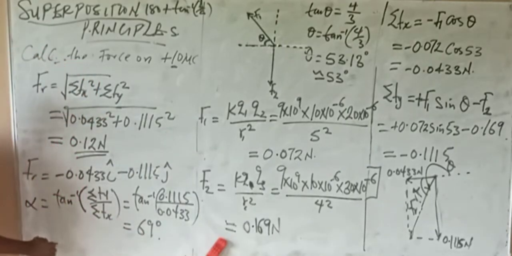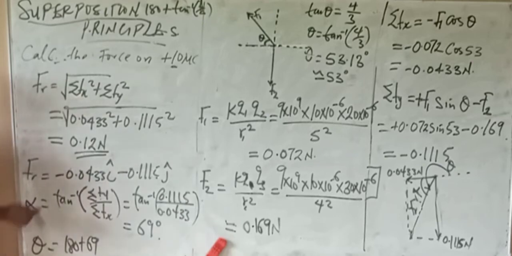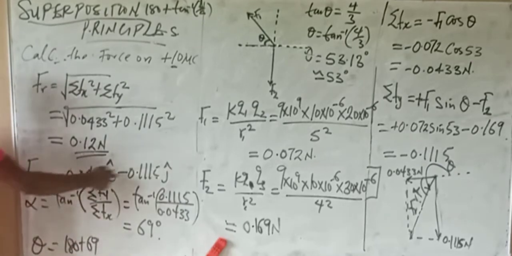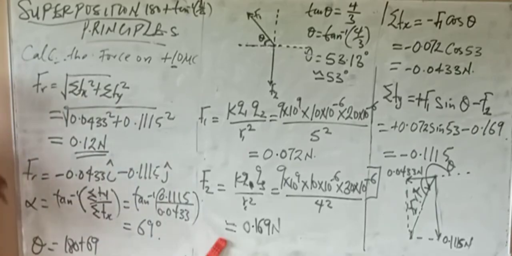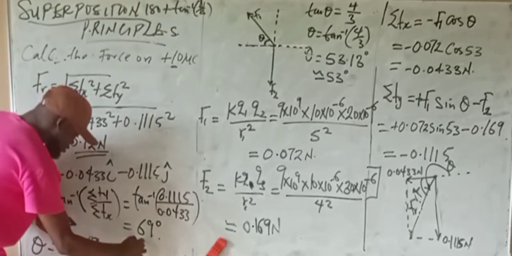So theta will be 180 plus 69. The other theta is 180 plus tan inverse of b over a, if a and b are negative. So 180 plus 69 gives 249.